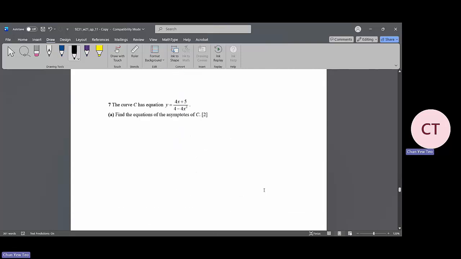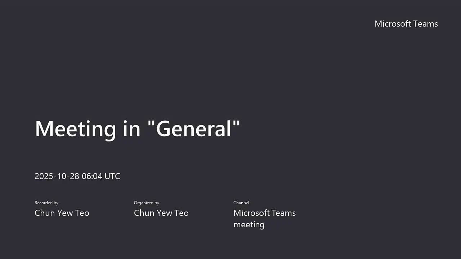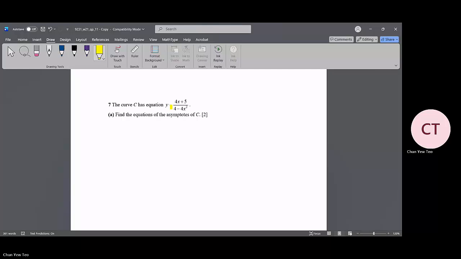And move on. We have question number 7. We have the curve C that has an equation like this. And first question, part A, we want to find all the asymptotes of the C. So to find the asymptote, we usually start from the vertical asymptote.